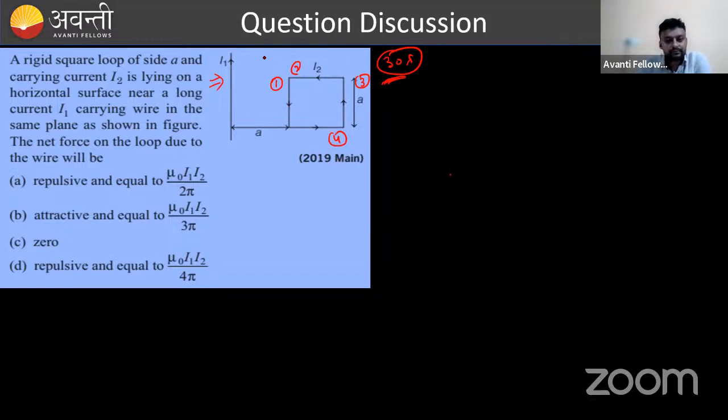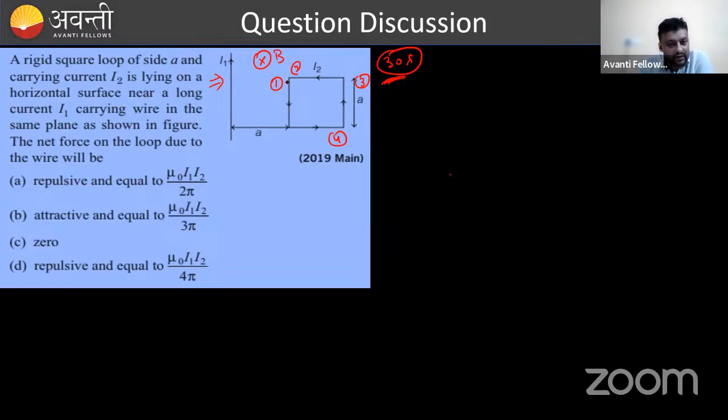Very good. Okay. So the magnetic field is into the plane.